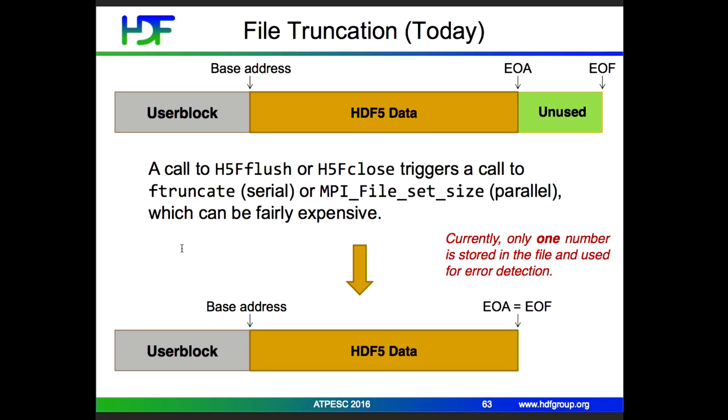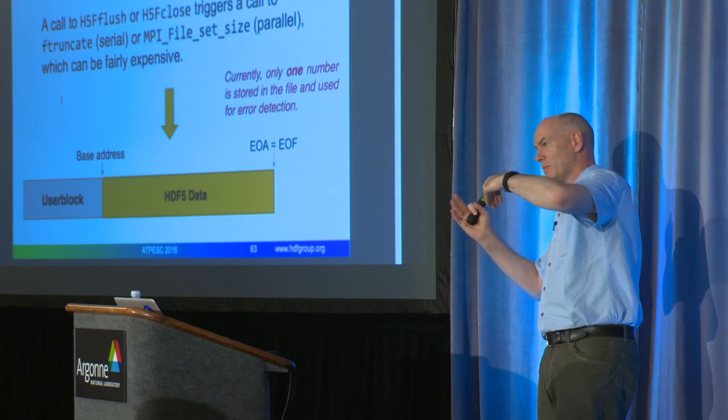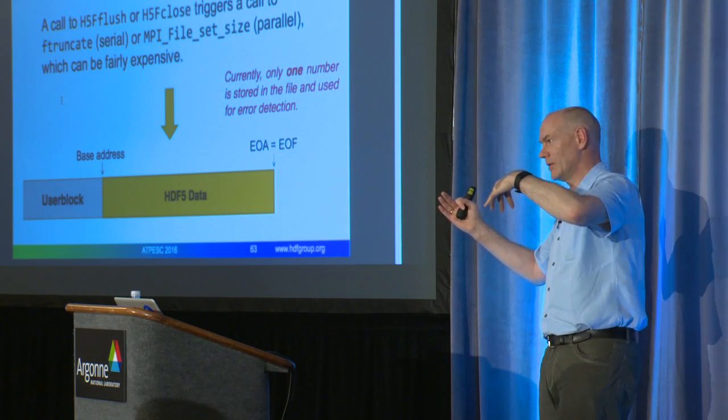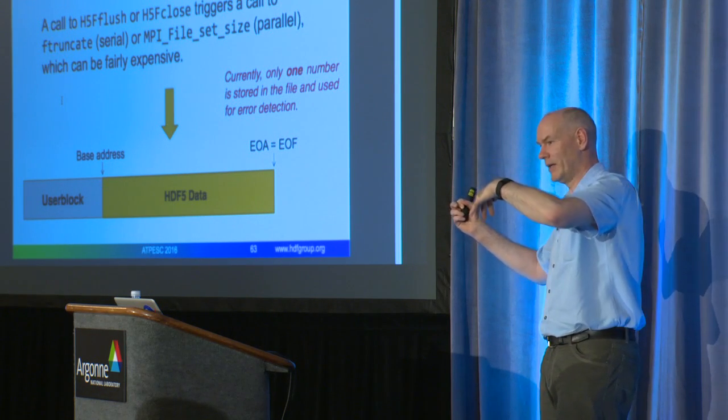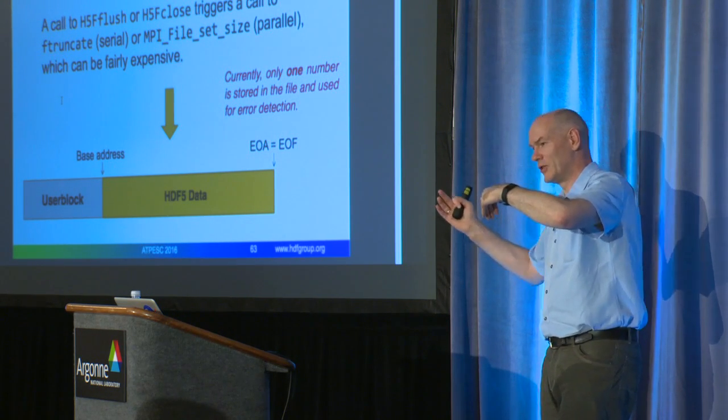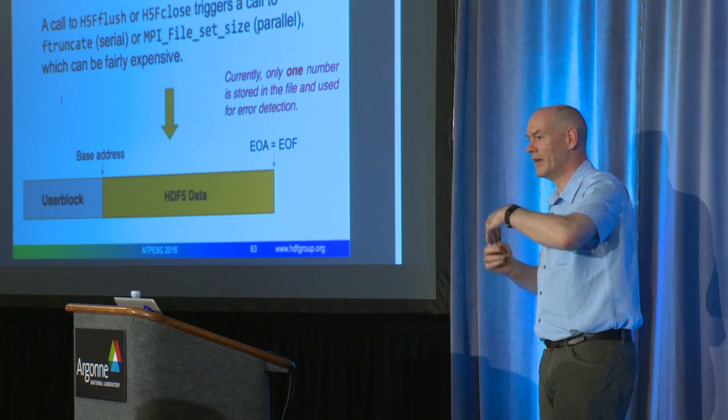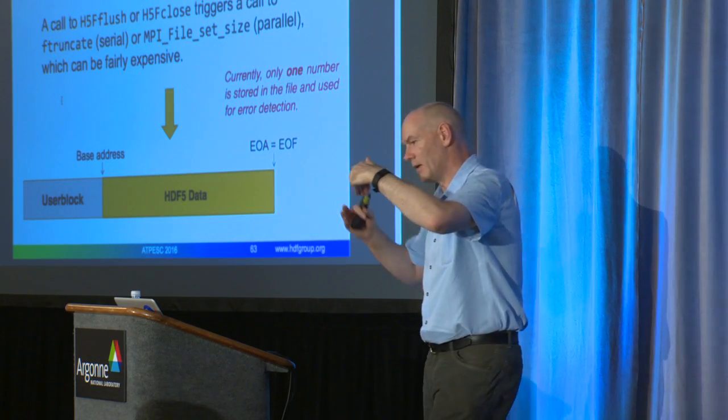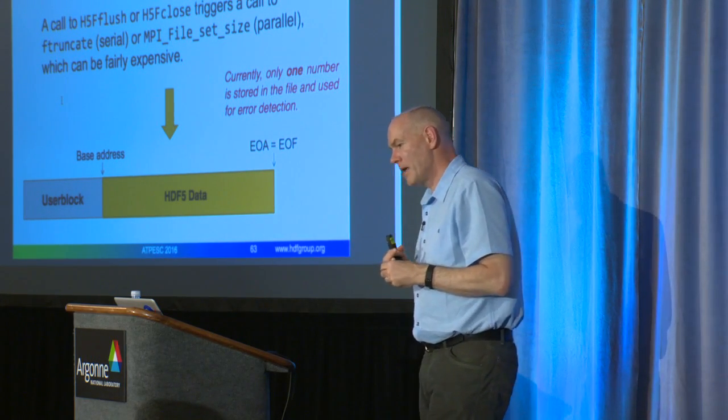One is the end of allocation, which means up to this point we have allocated HDF data or metadata, and then there is the end of file. And typically you are conservative. Instead of allocating just what I need, let me make the file a little bigger because I'm sure I will have to write new stuff, and then I don't want to extend the file again quite yet. So there is the end of allocation and the end of file.